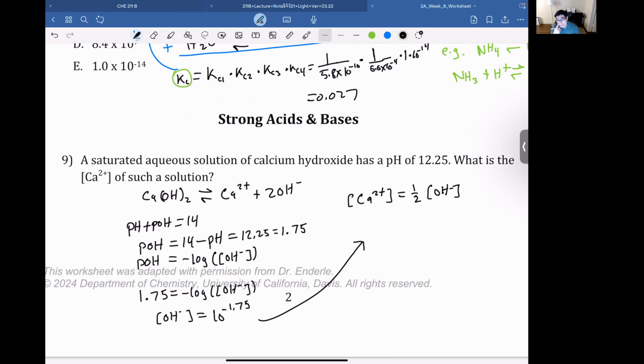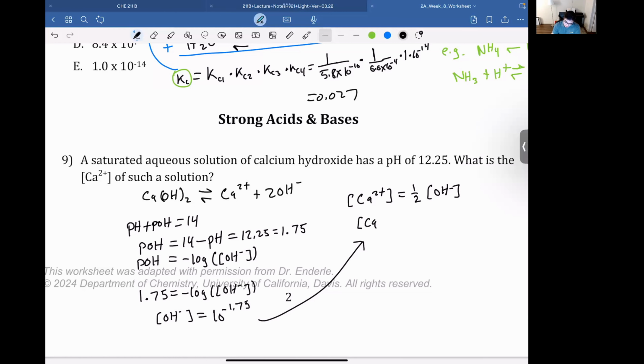Again, I'm making the assumption that there's basically no hydroxide in the solution or there's a negligible amount. This is okay to do because the solution is saturated. That means we have dissolved so much calcium hydroxide that no more will dissolve in the solution. So it's going to be very negligible amounts of OH minus from the autoionization of water compared to what's given by the calcium hydroxide dissolving.